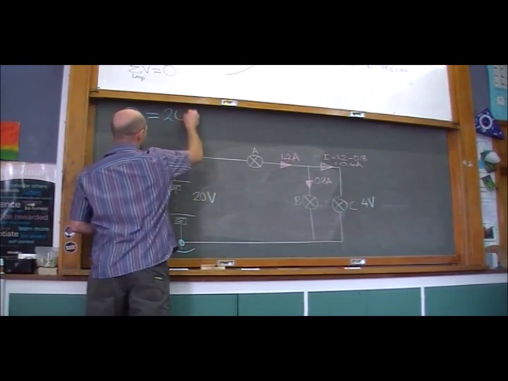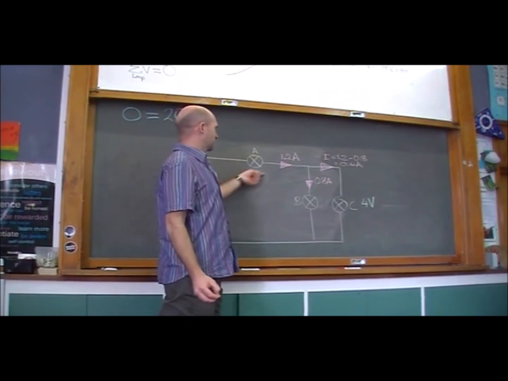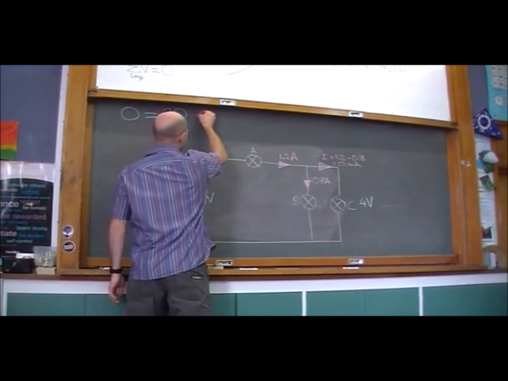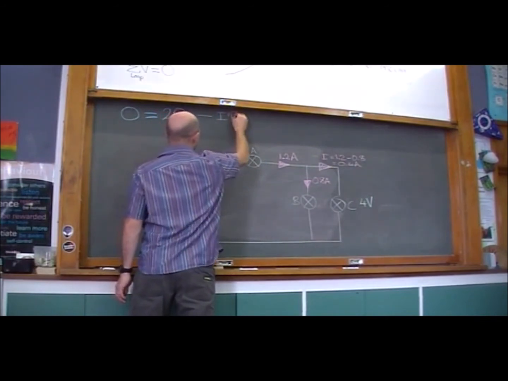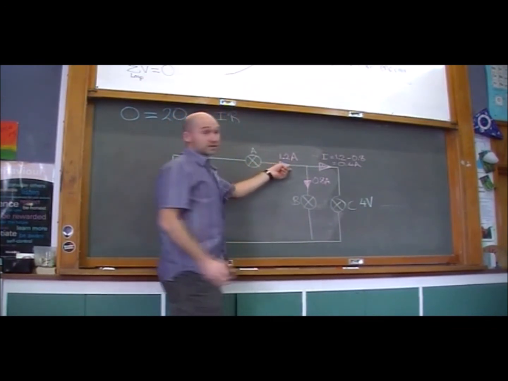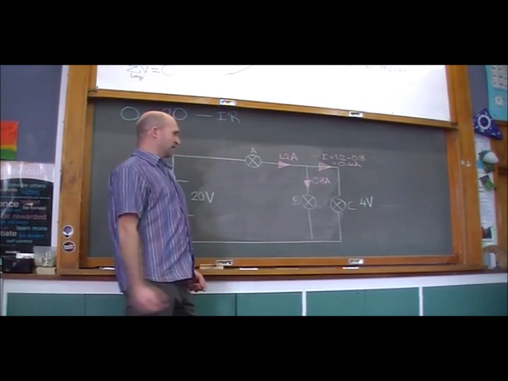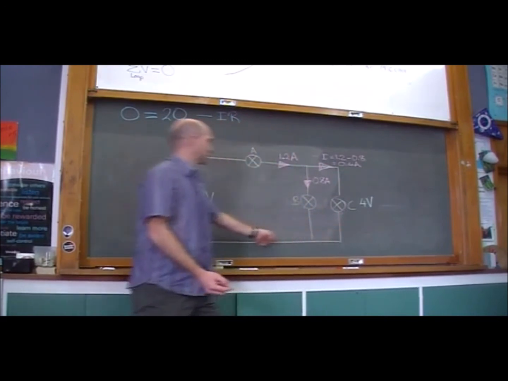So 20. The next thing we get to is a light bulb, but we don't know what the voltage of that is. And so it's going to be minus IR, because we're going through it in the same direction, it's a resistor, so it's going to dissipate energy. And then we're going to go around the outside closed loop.